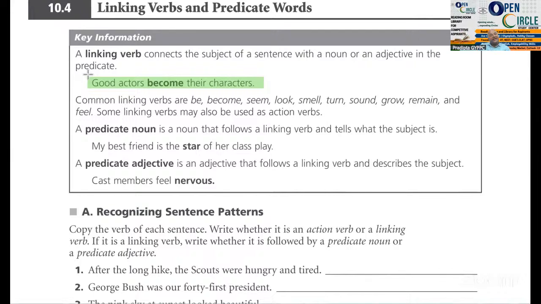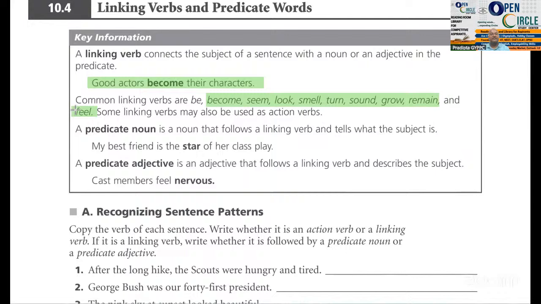The second part is characters. Become is the linking verb. Become, seem, look, smell, turn, come, grow, remain, feel are some common linking verbs. I want everybody to make sentences using linking verbs.